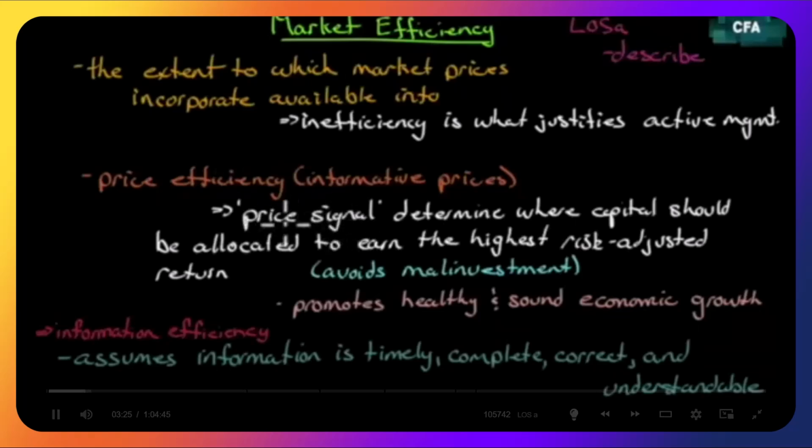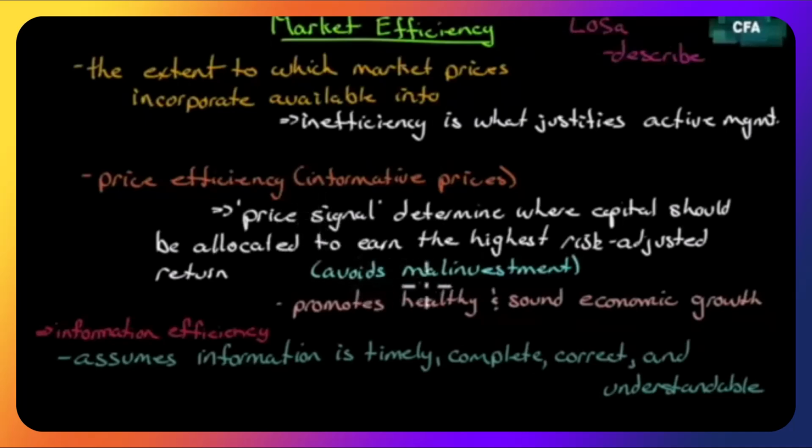And if we do not have price signals to rely on, or if price signals are distorted or inefficient, we get what's called malinvestment. So efficient markets avoid malinvestment.